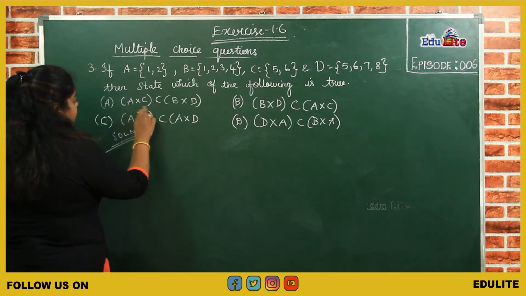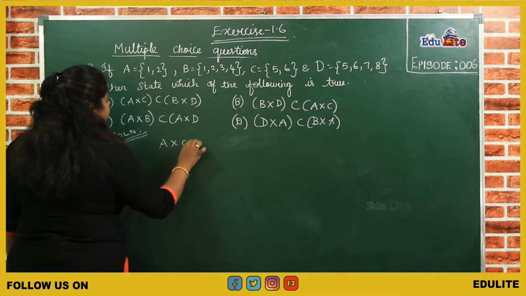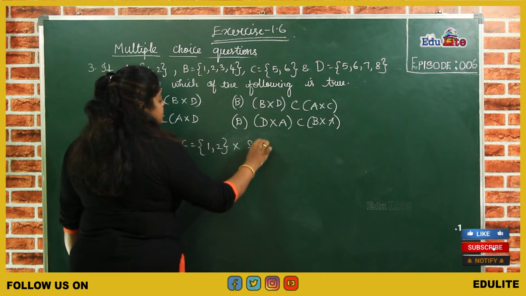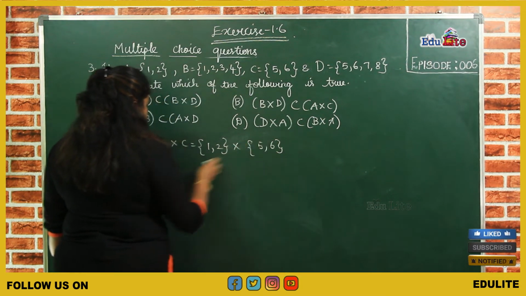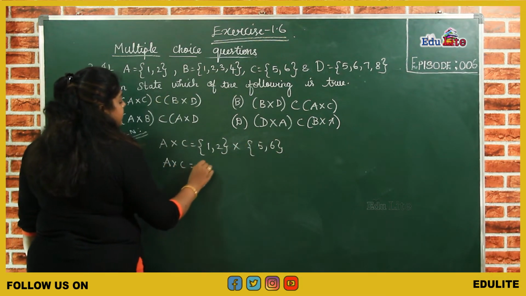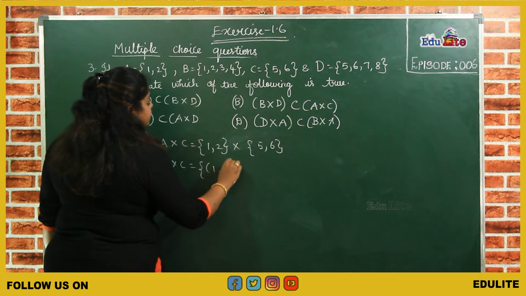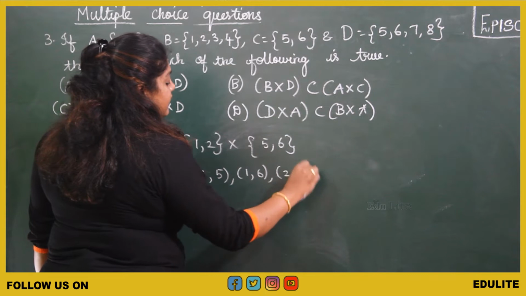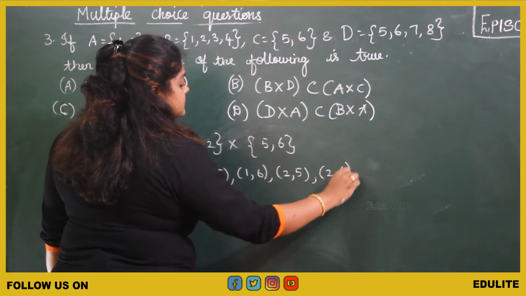First we have to find A cross C. A cross C is A set cross C set. A cross C can be written as 1, 5, 1, 6, 2, 5, 2, 6.